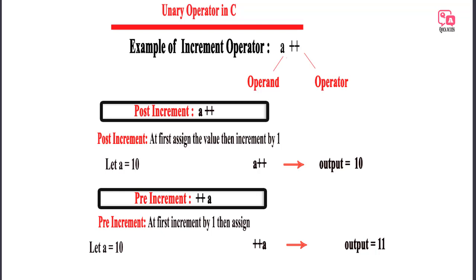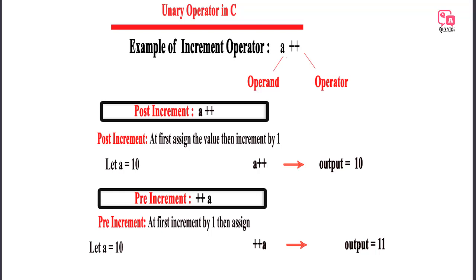So for post increment, first the operand, then the operator. When you print A plus plus, the output should be 10. Why 10? Because the rule for the post increment operator is, at first assign the previous value, then increment. The value of A is 10, so when you print A plus plus, you'll get 10.